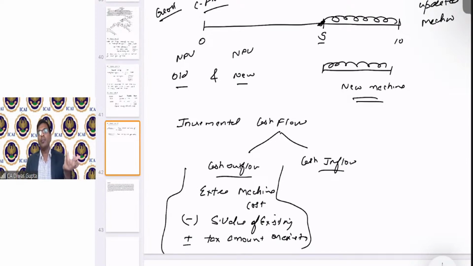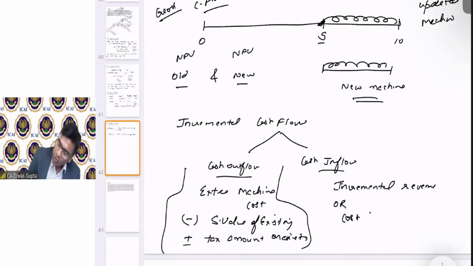If you want to replace the existing machine with a new machine, for the new machine you will have to see what is the extra machine cost, what is the salvage value that I'm getting that I will reduce because that will be a saving to me, and whatever is the tax treatment on that amount. Similarly, cash inflow: the total revenue that you will get, or any sort of cost savings you will get.